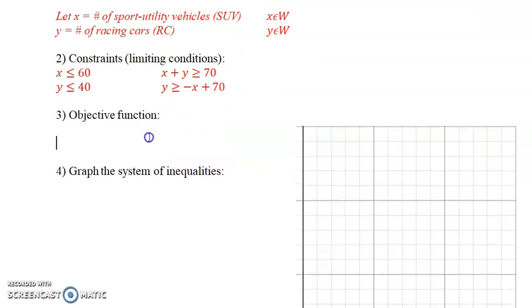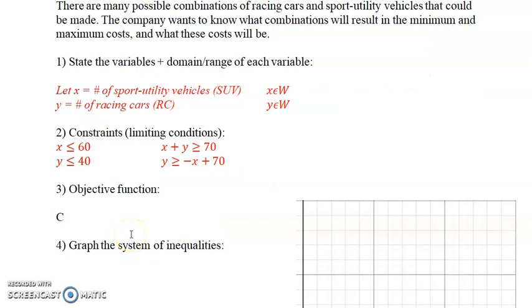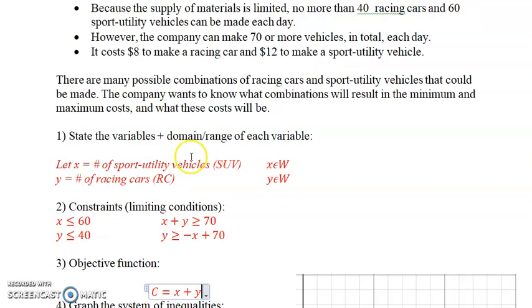The objective function is given by the revenue, or the cost in this case. So for cost, we'll use the variable C. Cost is equal to, and the cost of the race cars is 8, and the sport utilities are 12.